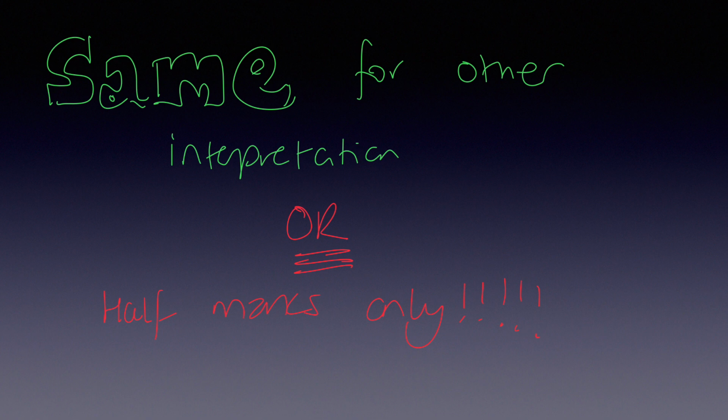So it is absolutely crucial that you do the same for the other interpretation, or the maximum marks you can actually get are half marks, and then obviously you get your spag on top of that. But don't forget that you're going to be missing out a significant amount, and this will limit you massively.